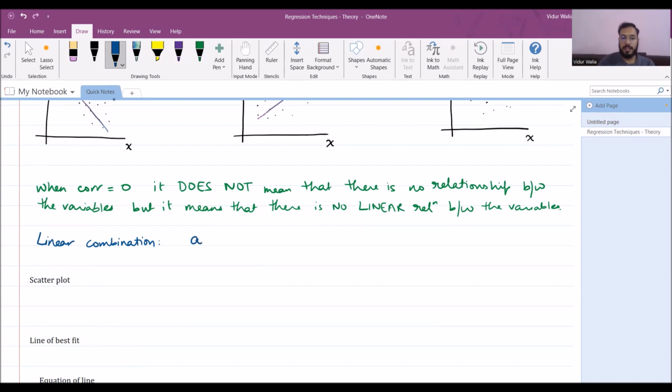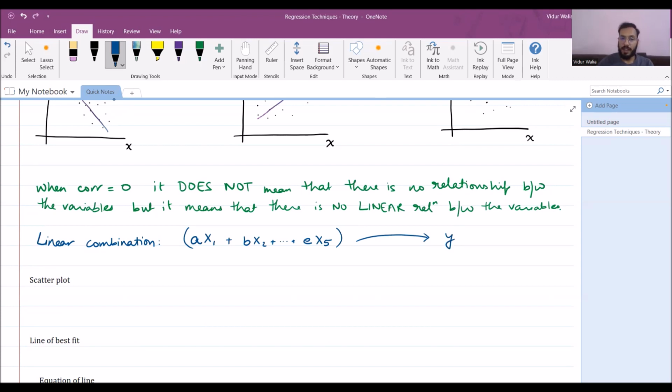Suppose a is a coefficient, a x1, multiplication of this a value times your x1 variable plus b times your x2 plus dot dot dot plus maybe e times your x5, a, b, c, d, e, right? So this consists of a linear combination. Now we can see this as the independent value, which could be used to predict your y variable, right?